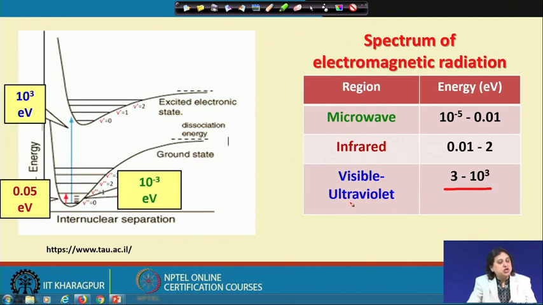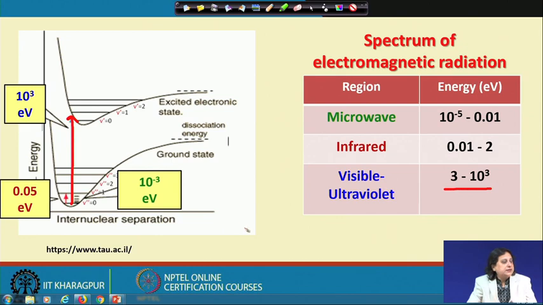Therefore, if you shine visible ultraviolet light on the diatomic molecule, it will induce a transition from here to here, so that there is an electronic transition, and the system goes from the ground electronic state to the first excited electronic state.